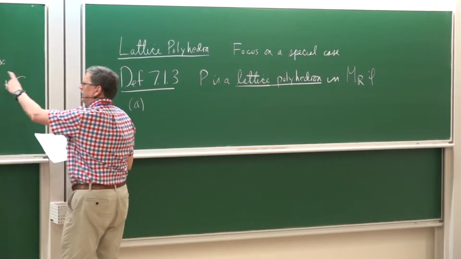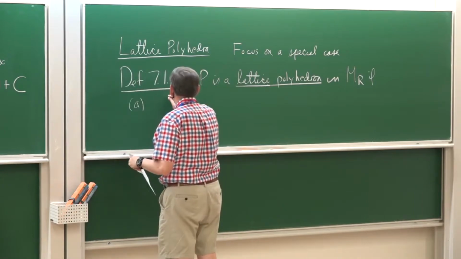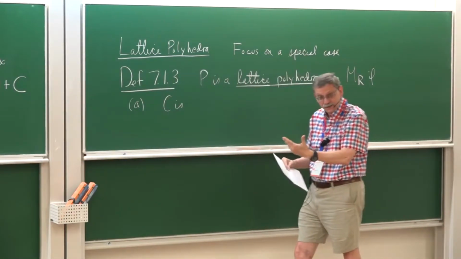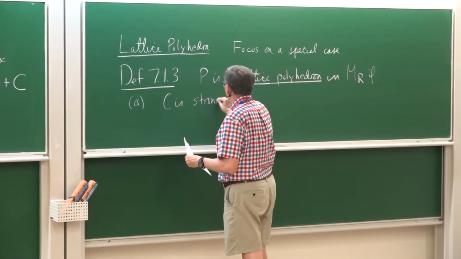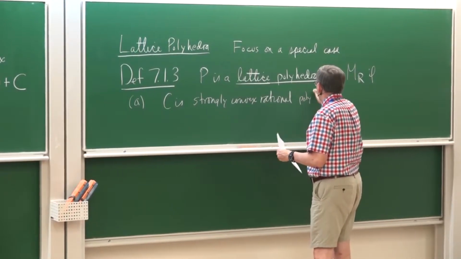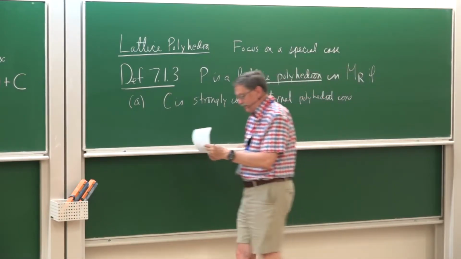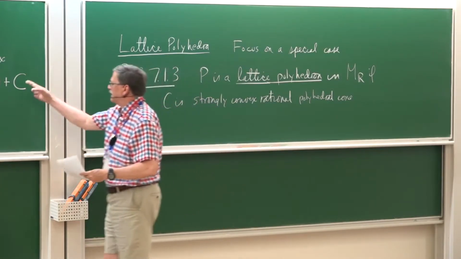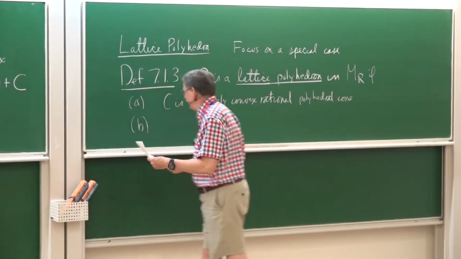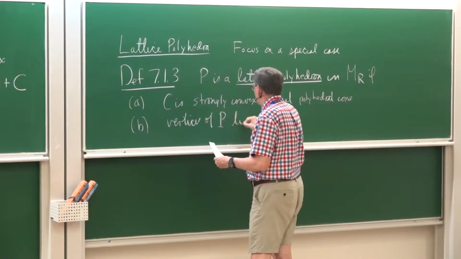I'm going to have this be strongly convex, but of course if I want it to be a lattice, I want it to be a strongly convex rational polyhedral cone. Like I say, the fact that I'm saying strongly convex is what's doing it in the special case. But then, of course, once I'm in the strongly convex case, I have vertices, and then the vertices and C determine P. So the next obvious thing to want is that vertices of P lie in M.